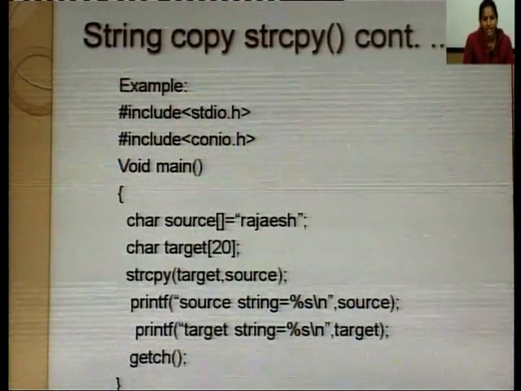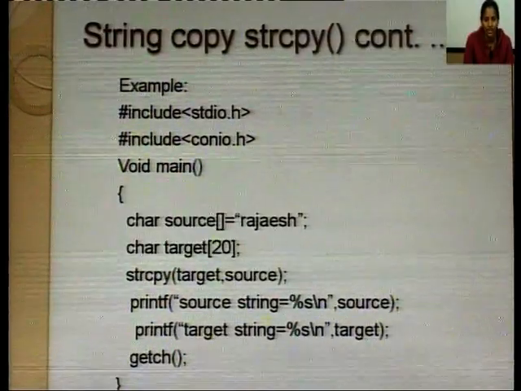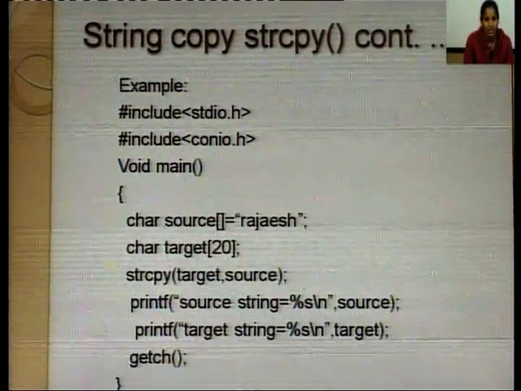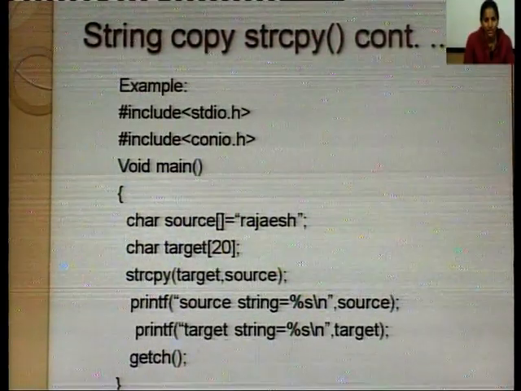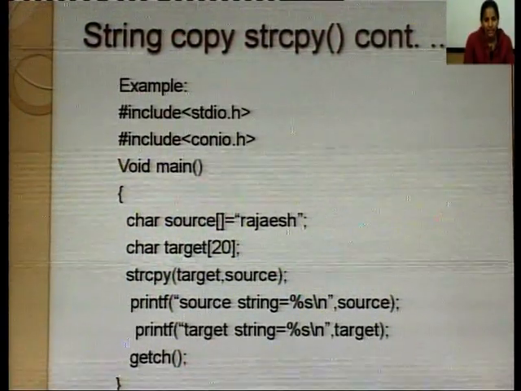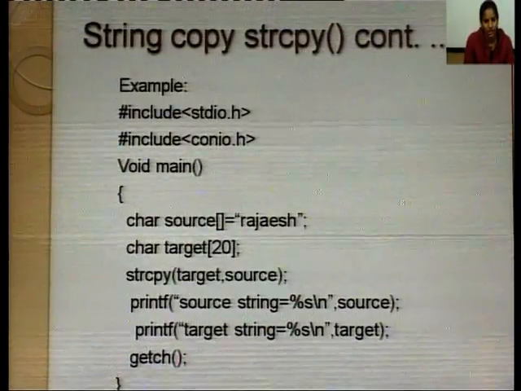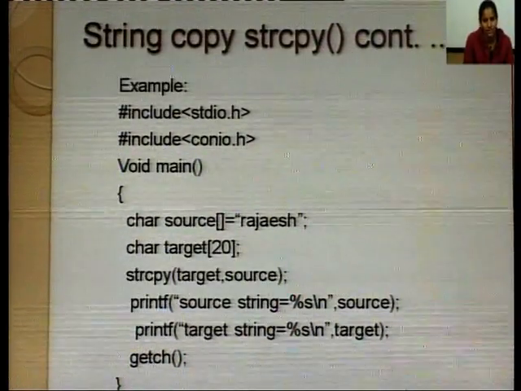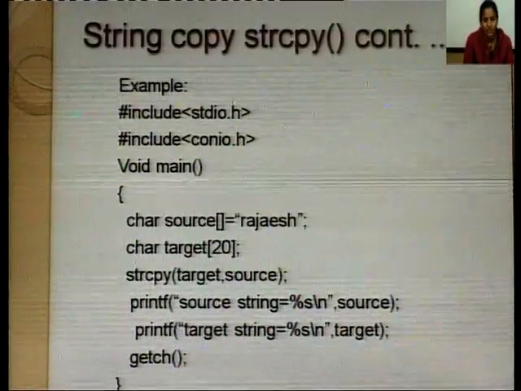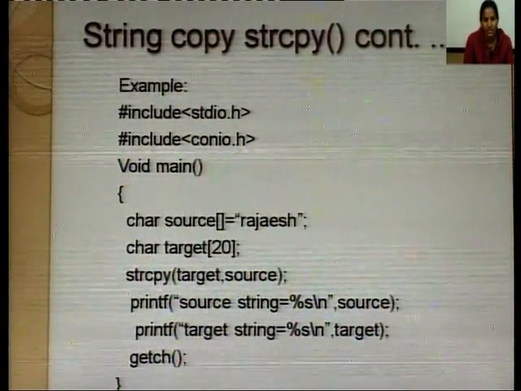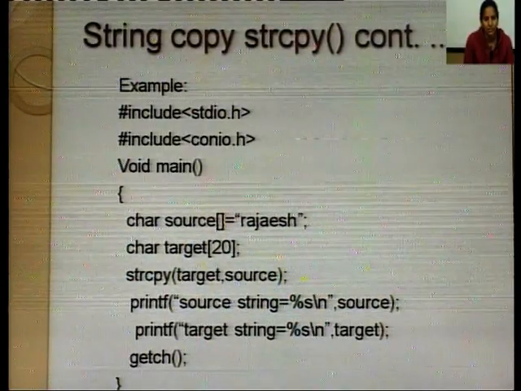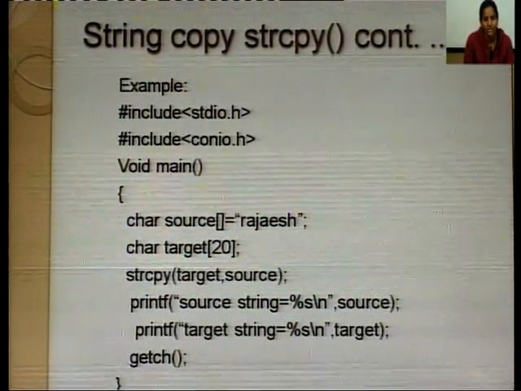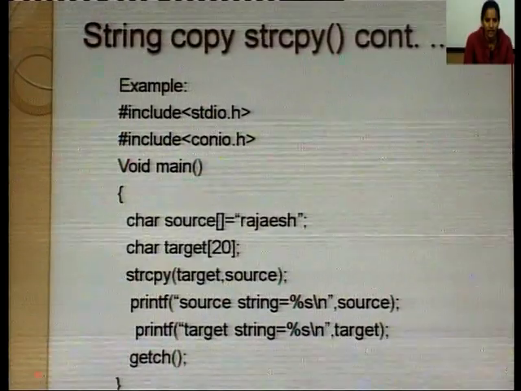Here in this case we have used two strings, that is source and target. The source string is initialized with the value Rajesh and the target has a length of 20. When we use the string copy function, first we define the destination, that is target, and then the source string whose contents will be copied into the target.